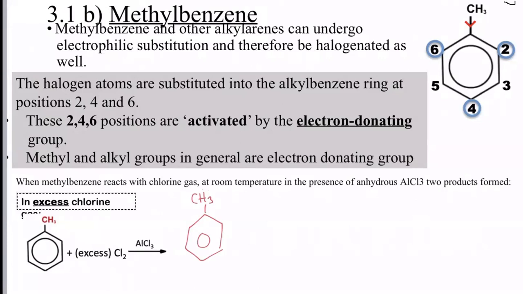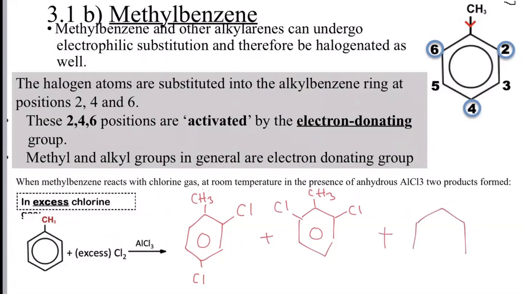So your product can be on the 2,4 position. The other possible product is a 2,6 position. Okay. What's the other possible product?